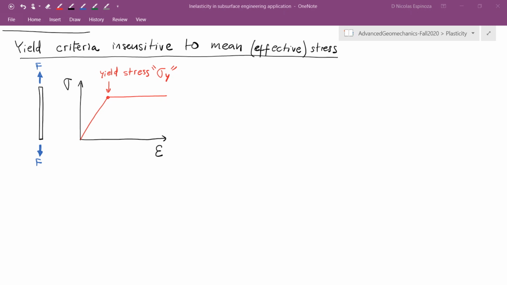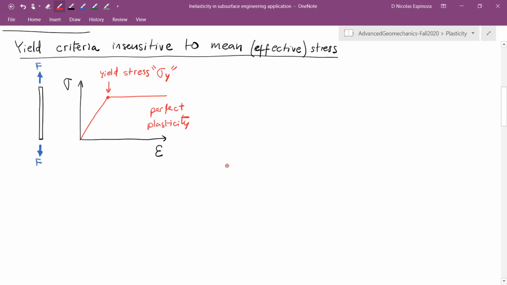In this simplification, we're assuming that this yield stress after the yield point takes a constant value. This is something which is called perfect plasticity. And in perfect plasticity, the yield stress doesn't change after you go through the yield point.